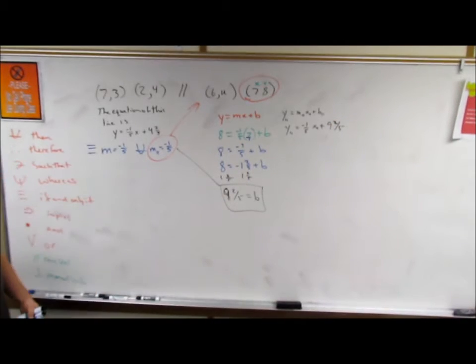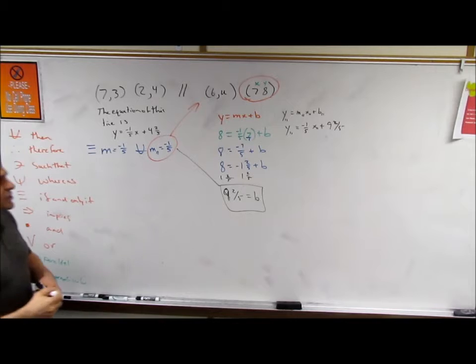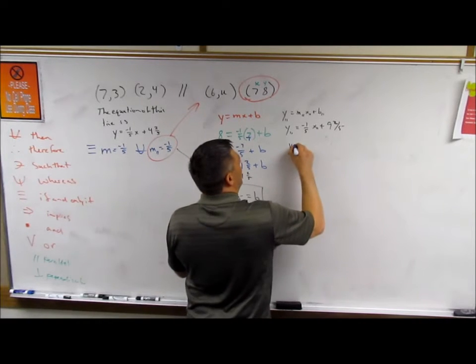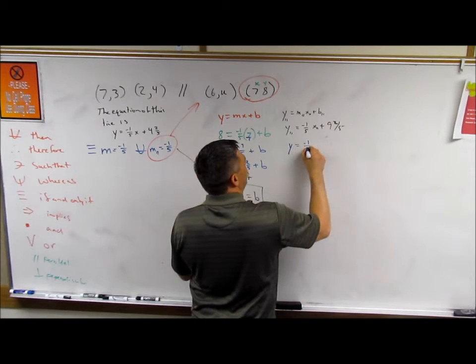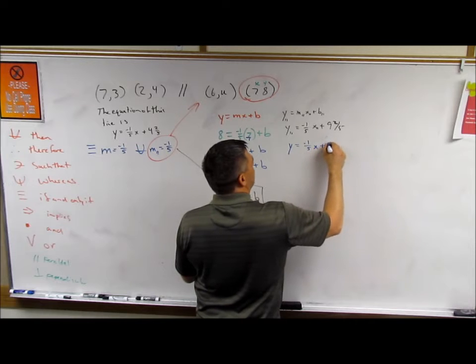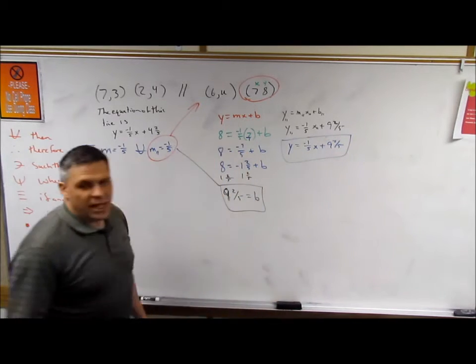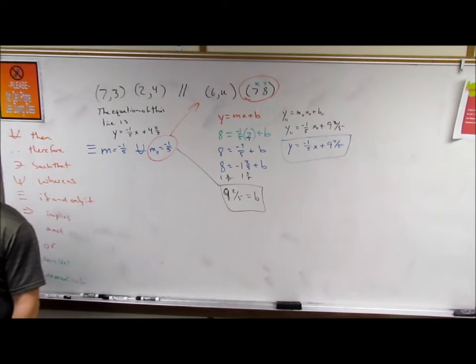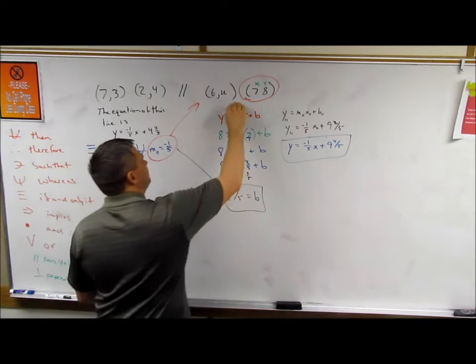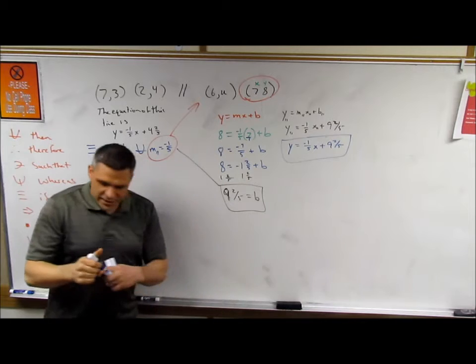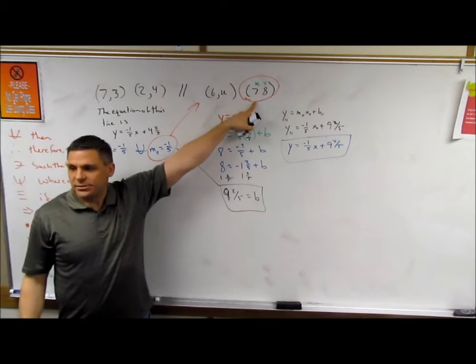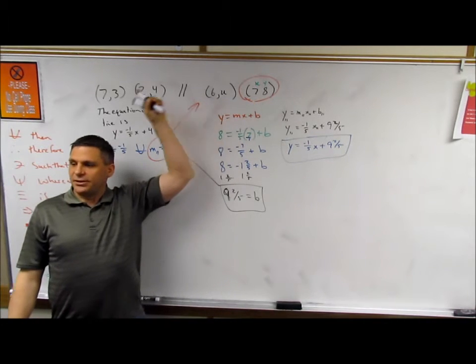Okay? So the equation is y equals negative 1/5 x plus 9 2/5. Boom. That's the equation of my second line, the line that goes through this point that is parallel to this line.